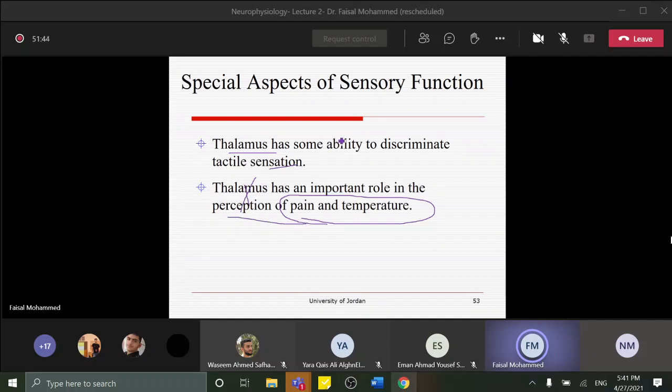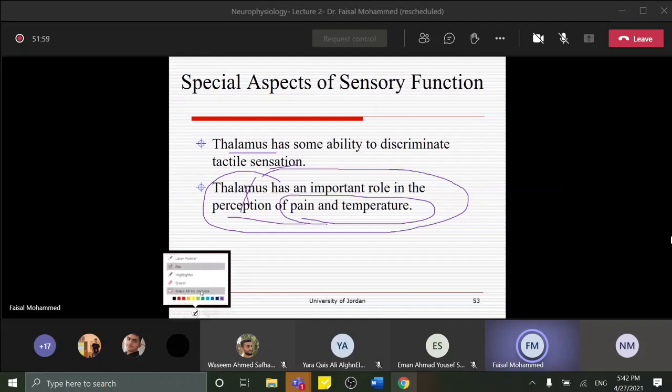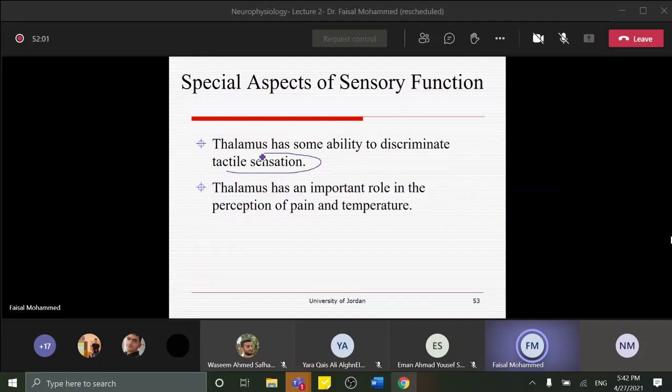So if there is destruction of the sensory cortex, that person can still perceive pain, but not fine touch or fine pressure. Pain and temperature are perceived at the level of the thalamus. Very little tactile sensation at the thalamus, but mostly pain and temperature.